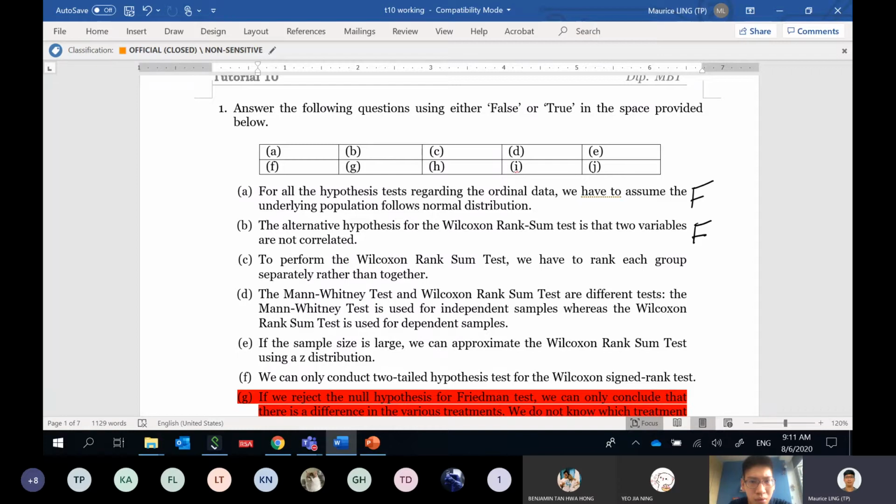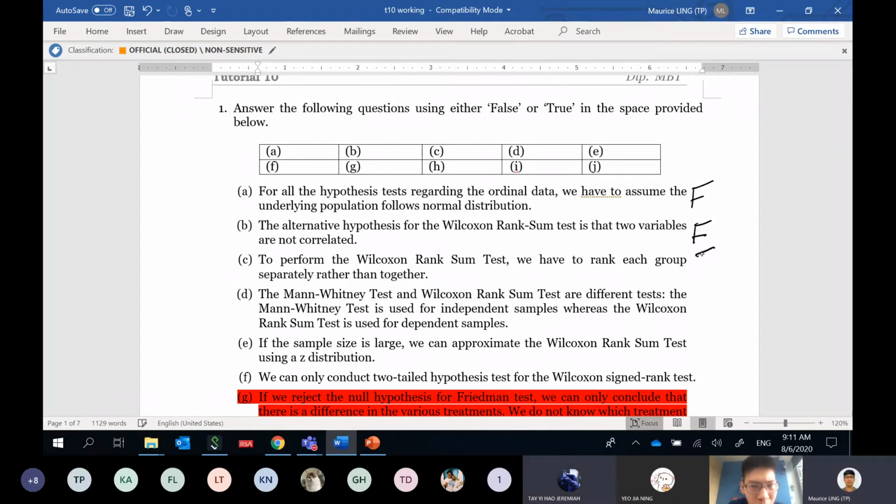Okay. To perform Wilcoxon rank sum test, you have to rank each group separately rather than together. Is it true or false? Jeremiah? True. Separately. Oh yeah, false, sorry.